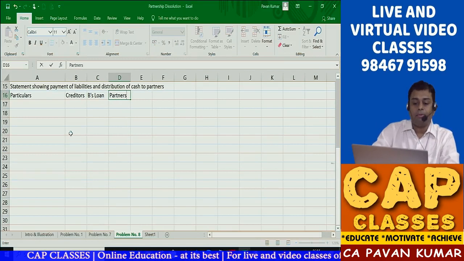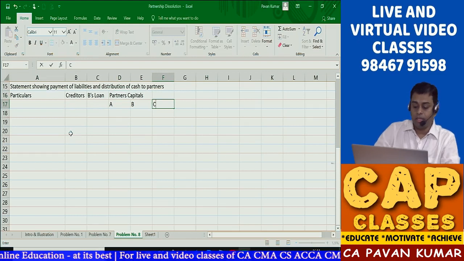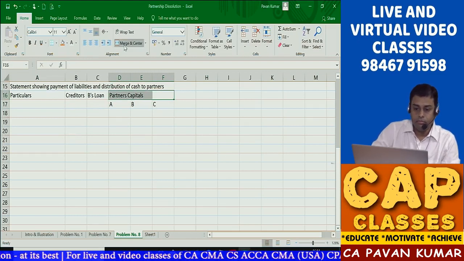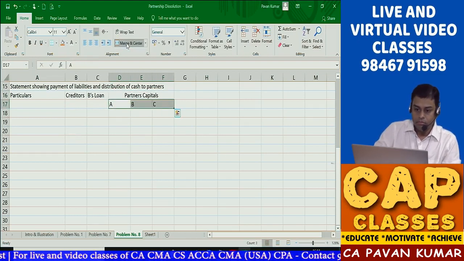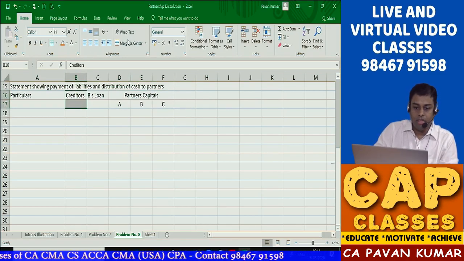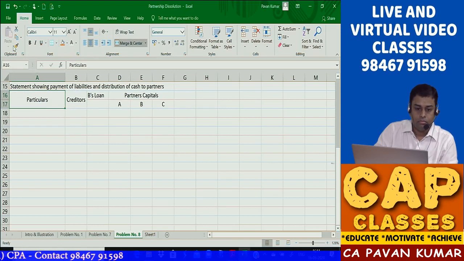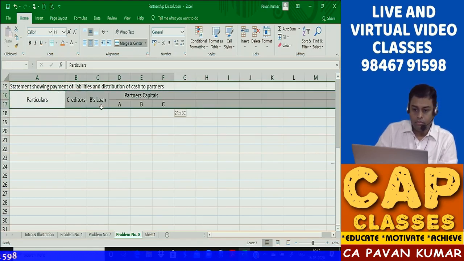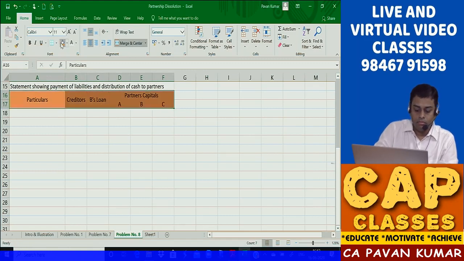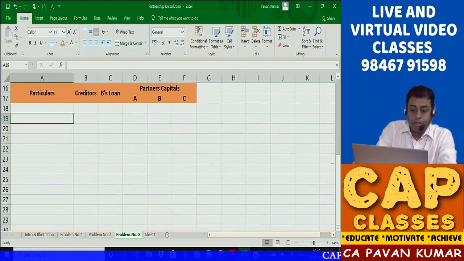Next is partners' capitals, so here A, B, C. You remember this is what we have done in the previous question also. This is what we are supposed to do now.